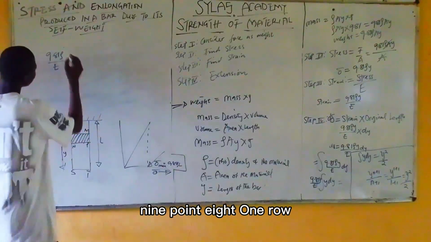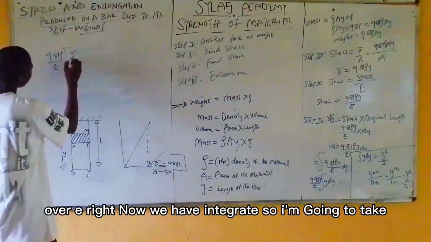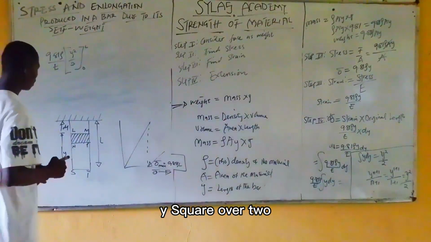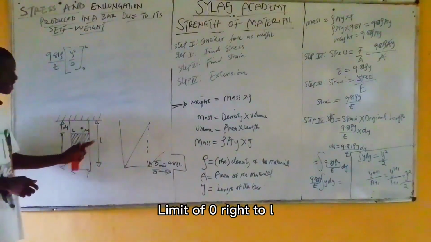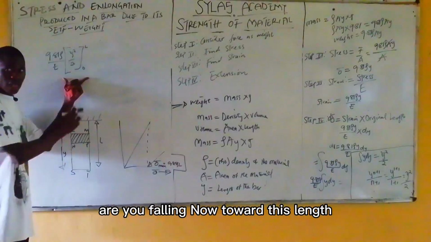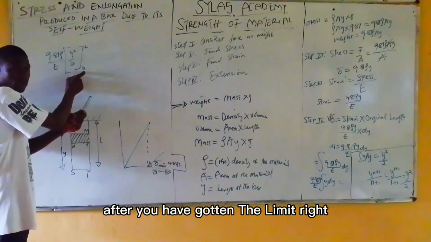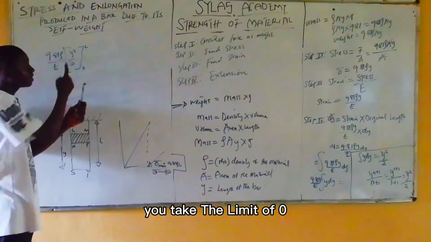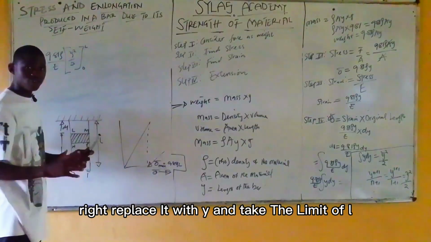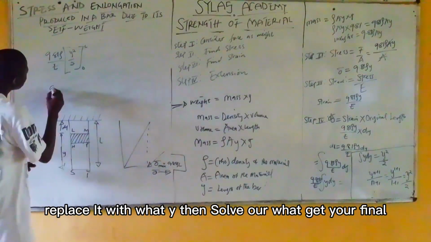Now we have integrated, so I'm going to take the limit, y square over 2, limit of 0 to L. When you are integrating, after you have gotten the limit, you take the lower limit 0 and replace it with y, and take the upper limit L and replace it with y, then solve and get your final answer. So let's do it like that.